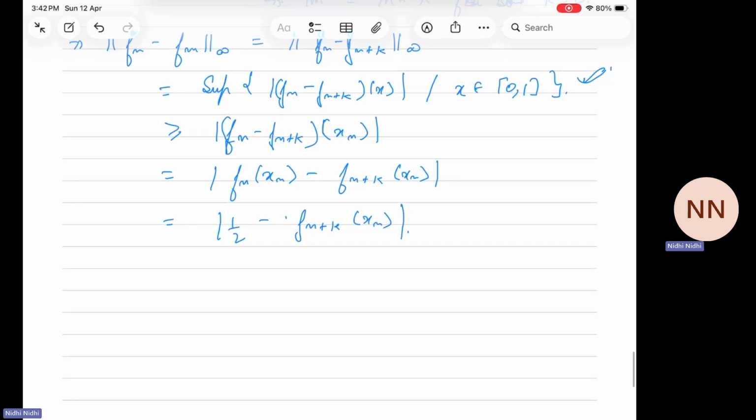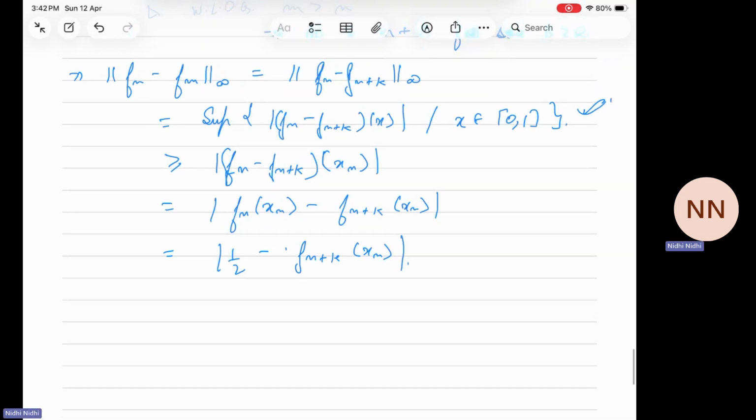Now taking k tending to infinity, we get norm of Fn minus Fm is greater than or equal to 1 by 2 minus 0, which is equal to 1 by 2.